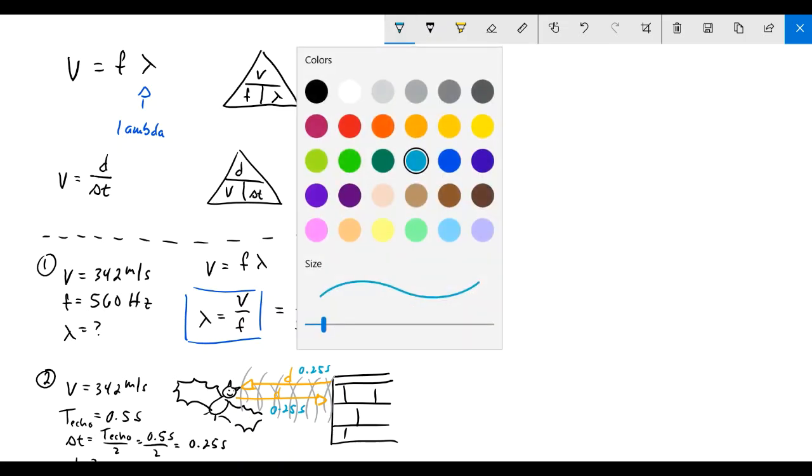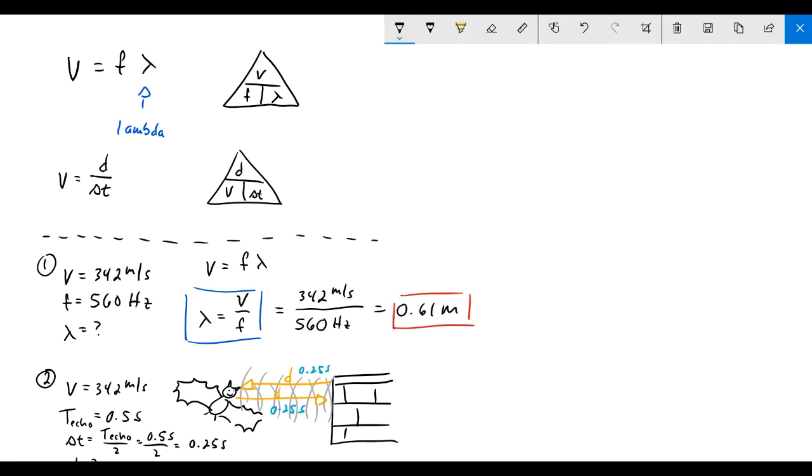Now, if we look at the information that we've got listed over here, I've got velocity, distance, and time. And so for this problem, it looks like this older equation that we've been using is probably going to make a little bit more sense. Right? So I can write that velocity is distance divided by time.